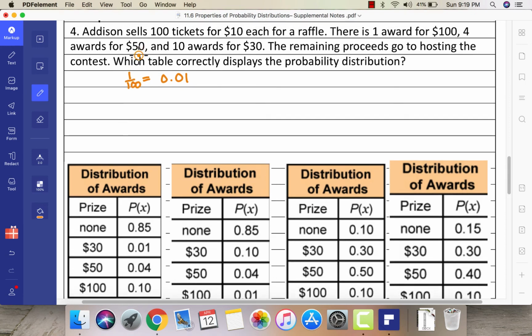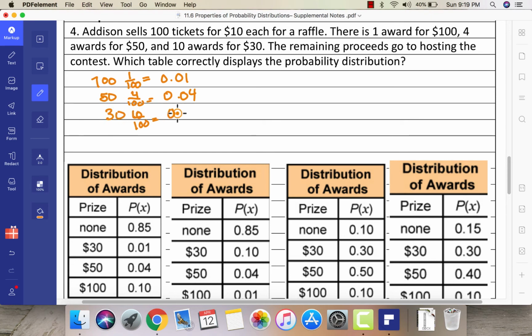All right, then for $50, it's 4 out of the 100 people, which would be 0.04. So this is looking like it's this one. And then for $30, it would be 10 out of 100. So this is $100 up here, this is the $50, this is the $30.